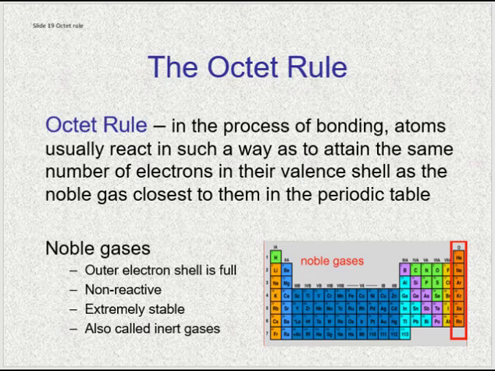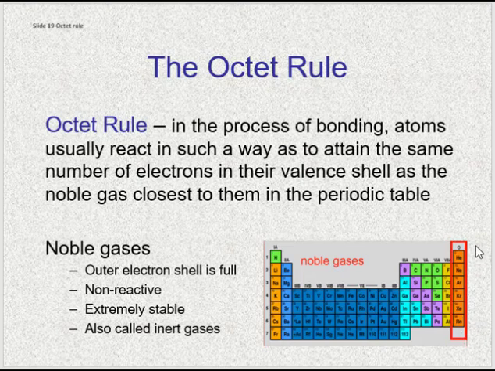The octet rule means that in the process of bonding, atoms will tend to act in a way so that they can achieve a more stable state. And what this means is that they try to act like the nearest noble gas to them. They will try to get the same number of electrons that the noble gas closest to them on the periodic table has.